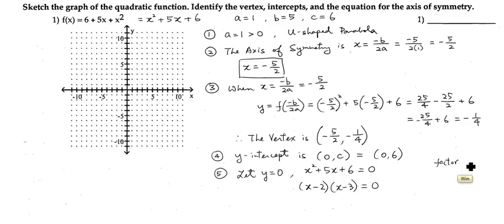We should be able to tell the factors of 6, which are 1 times 6, 2 times 3, like this. And since both of them are positive, we will keep that positive. So is that right?